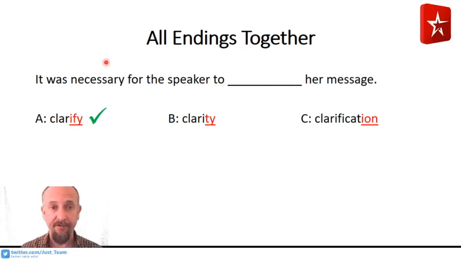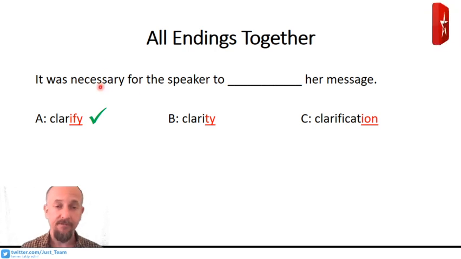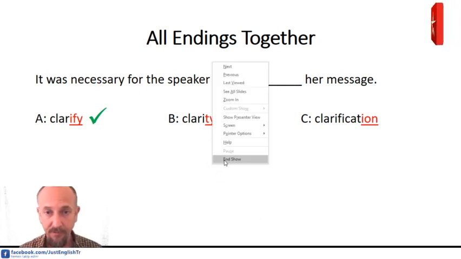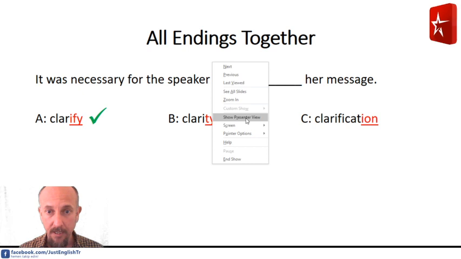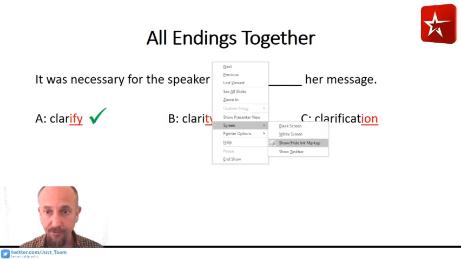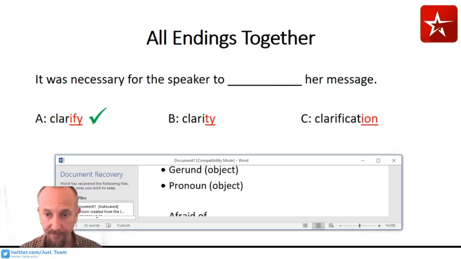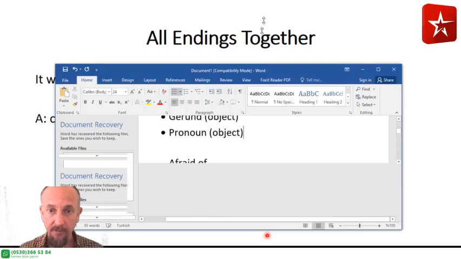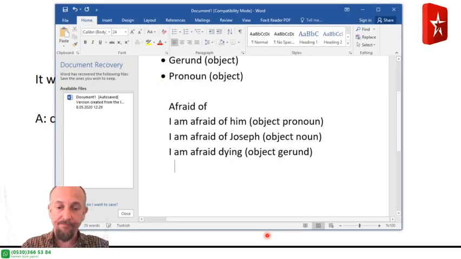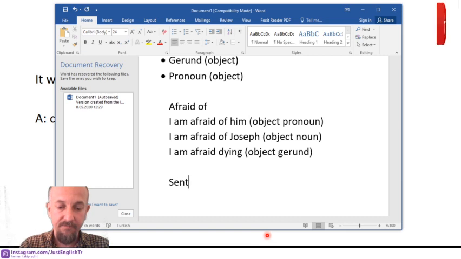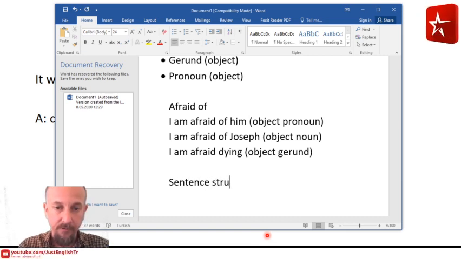It was necessary. Adjectives. Actually, I can put this down in a note because that's important too. Screen, show taskbar, and we'll go down here. We'll put that up here in the notes. In terms of sentence structure, we'll just add little notes on sentence structure down here that I think are useful.